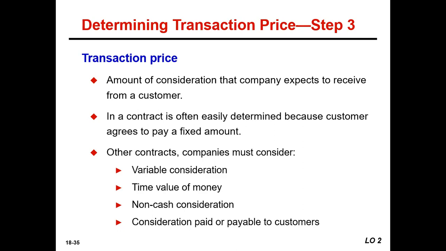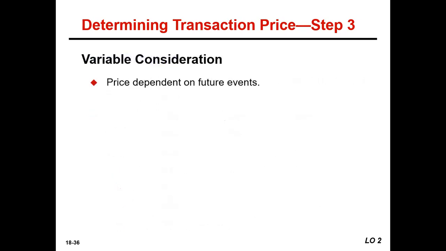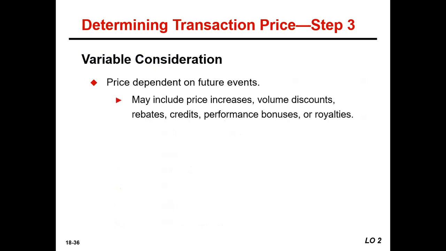Variable consideration also applies to the transaction price. Price dependent on future events may include price increases, volume discounts, rebates, credits, performance bonuses, or royalties. And companies estimate the amount of revenue to recognize.